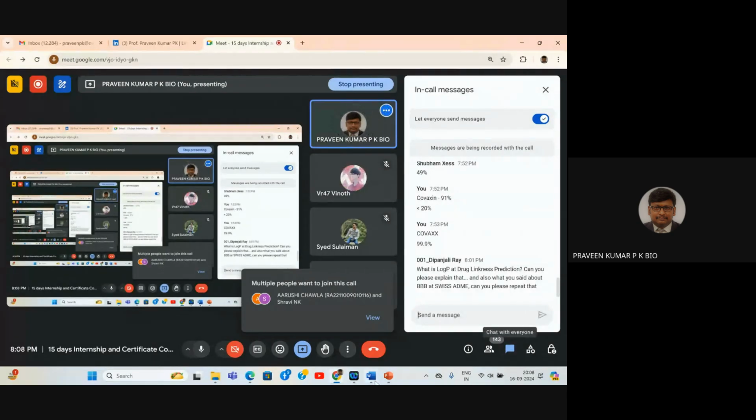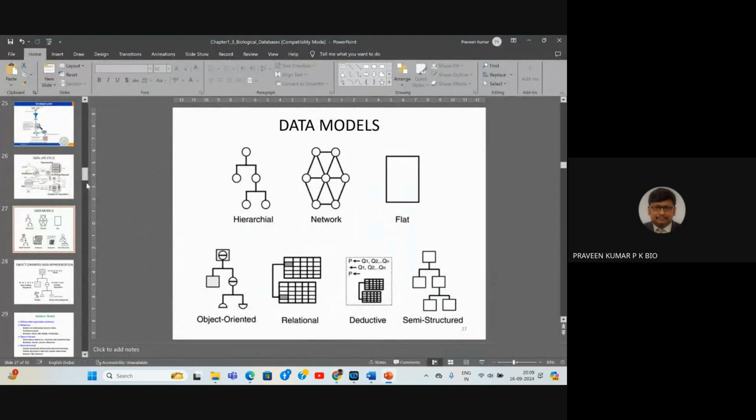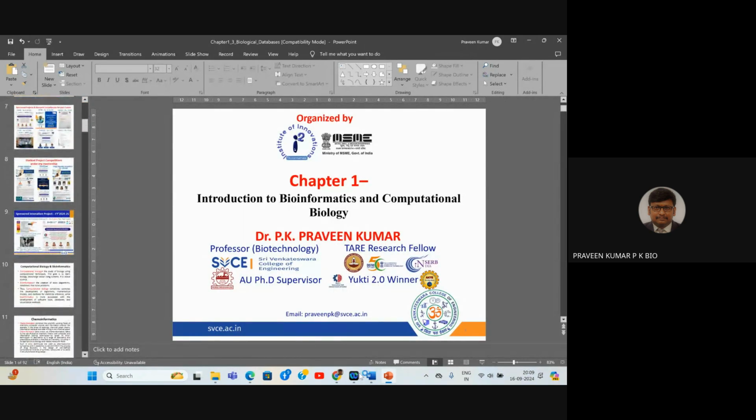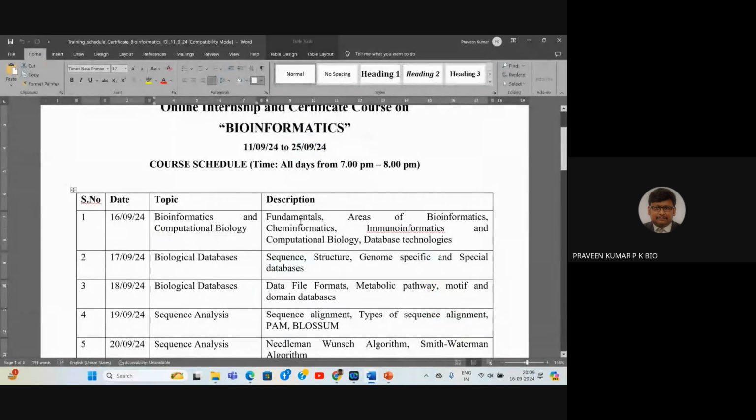So, to recap what exactly we have seen till now, we have discussed the fundamentals of bioinformatics, the fundamentals of computational biology, and some areas of bioinformatics like genomics and proteomics.